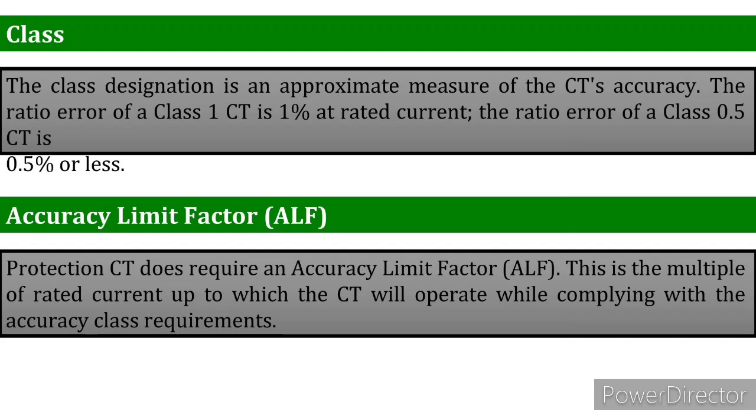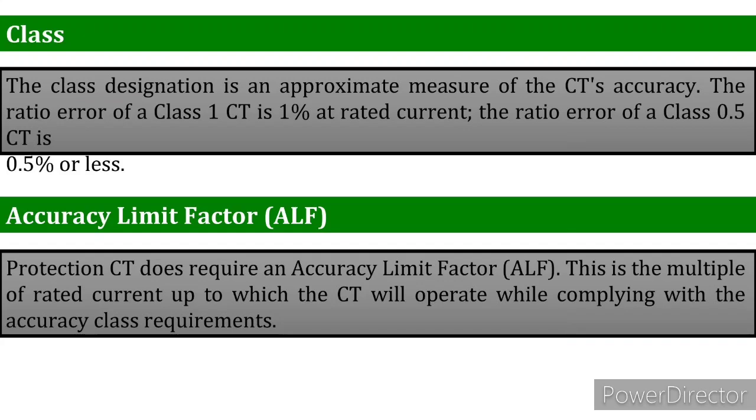The ratio error of a 0.5 CT is 0.5% or less. For metering CTs, the accuracy class is typically 0.1, 0.2, 0.5 at the rated current. In the case of protection CTs, the accuracy class is typically 5P or 10P.